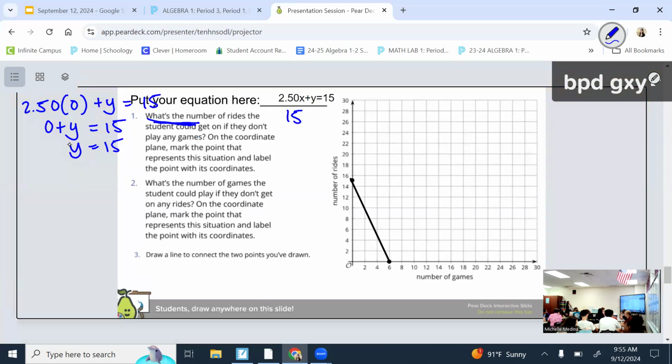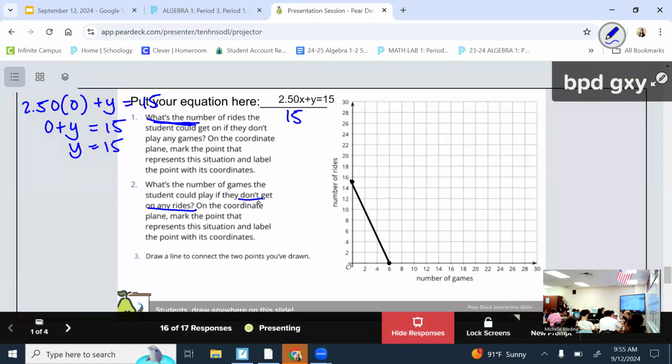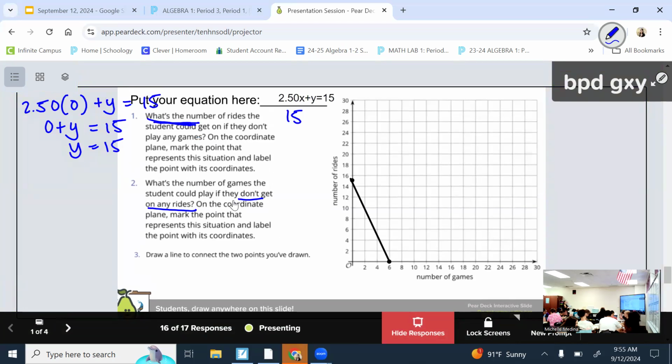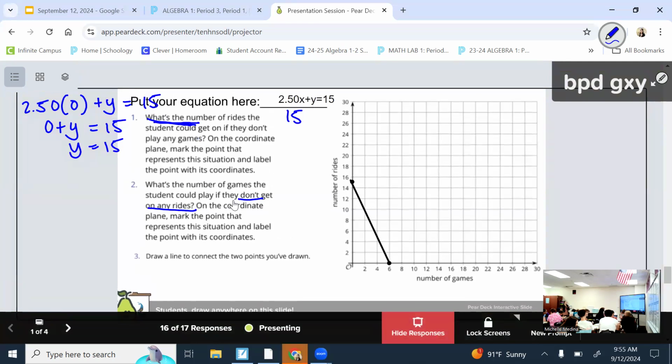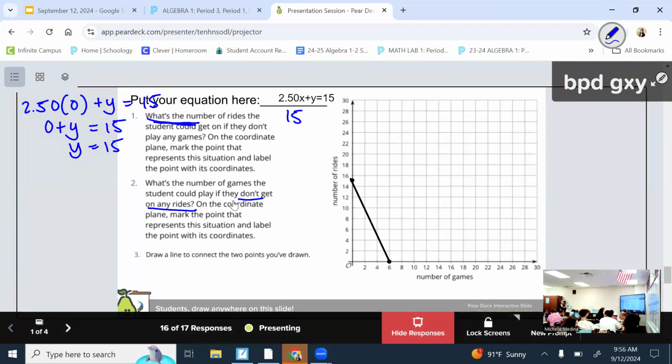Now, when they don't get on any rides, what do I need to plug in a 0 for? If they're not getting on any rides, how can I figure out the number of games? All of you should be able to answer this.